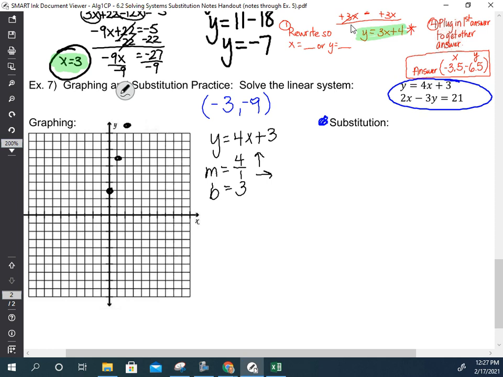Turn around, go in the other direction, go down 4 to the left 1. Someone came off mute. If you have a question, go ahead.